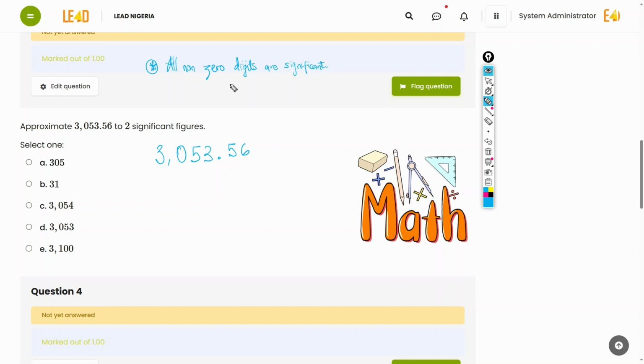So as long as it's a non-zero digit, it's significant. Number two is all zeros between non-zero digits, so any zero that is trapped between non-zero digits is also significant. So you should write this down somewhere.